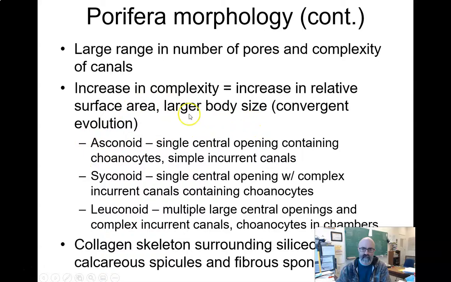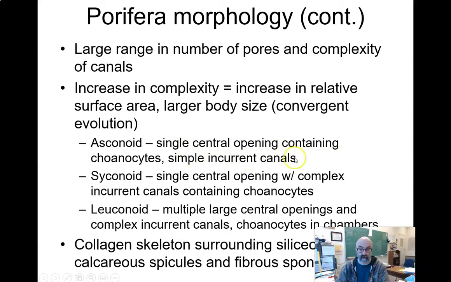We can group those complexity patterns into asconoid, syconoid, and leuconoid. The asconoid would be similar to those Grantia sponges we looked at in class. They're one single opening in the middle with multiple small channels coming off the side.